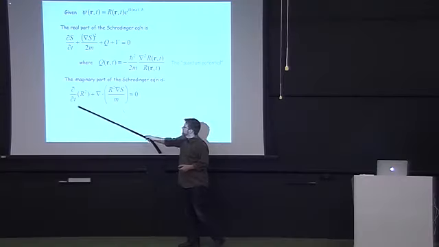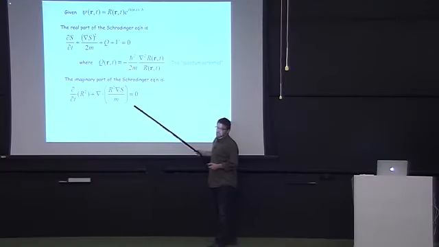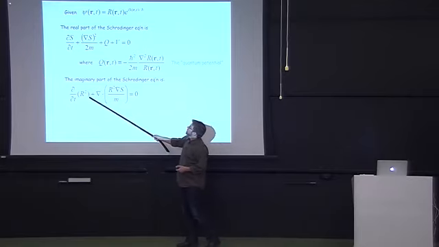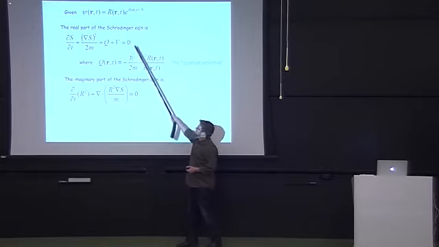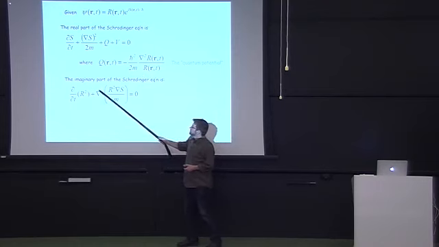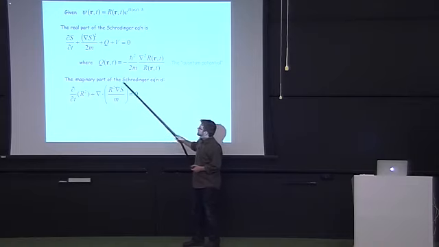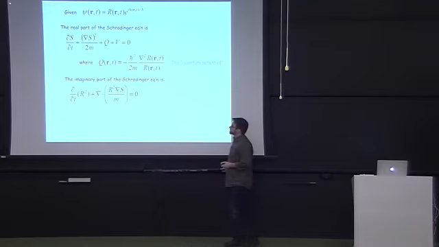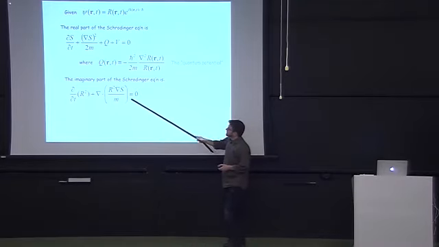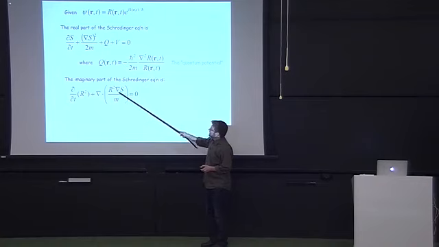The imaginary part of the Schrodinger equation ends up looking like this. This is basically an equation that describes the conservation of probability. R squared is just the modulus of psi squared by definition, so this tells me how much probability changes at a particular point in space. And this describes the amount of probability that's leaving that area of space, because this is like the velocity term.